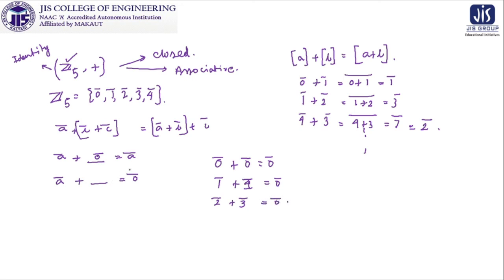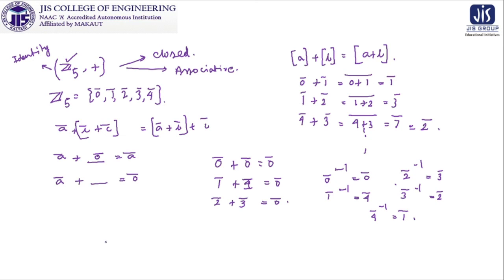So all the elements have inverses: 0 inverse is 0 class, 1 inverse is 4 class, 2 inverse is 3 class, 3 inverse is 2 class, and finally 4 inverse is 1 class. So all the elements have an inverse element, and this inverse is present in this set Z5. Clear?